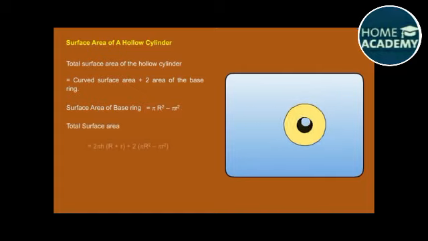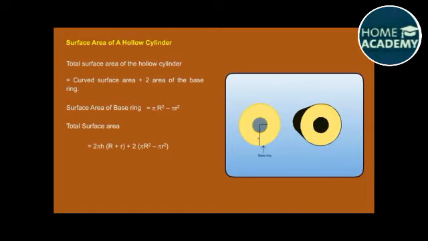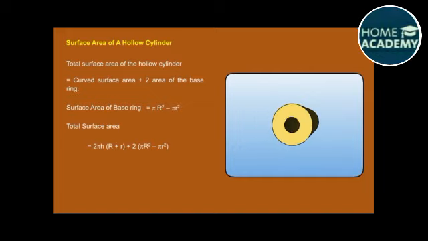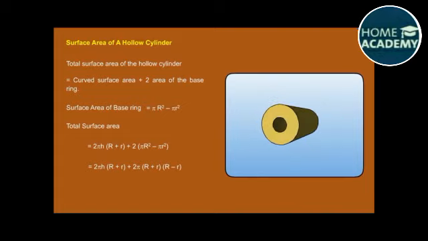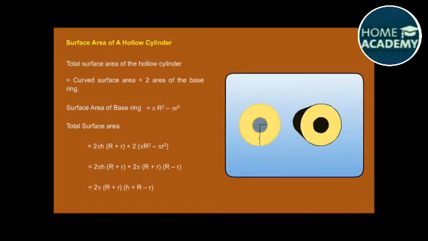Total surface area equals 2 pi h into capital R plus small r plus 2 into pi capital R square minus pi small r square, equals 2 pi h into capital R plus small r plus 2 pi into capital R plus small r into capital R minus small r, equals 2 pi into capital R plus small r into h plus capital R minus small r.